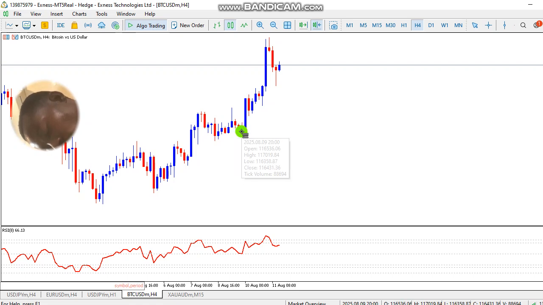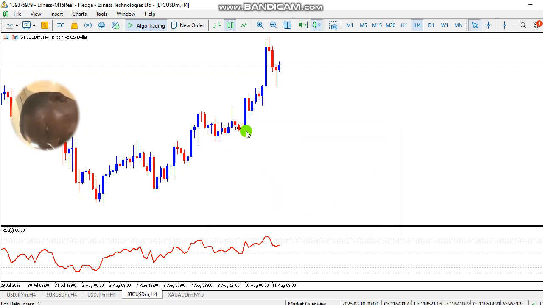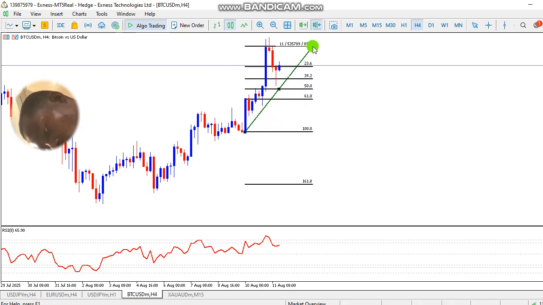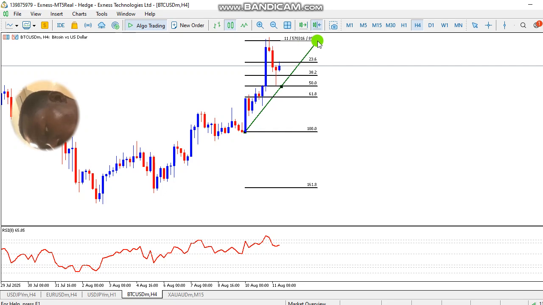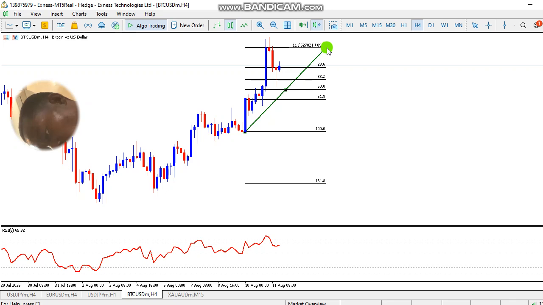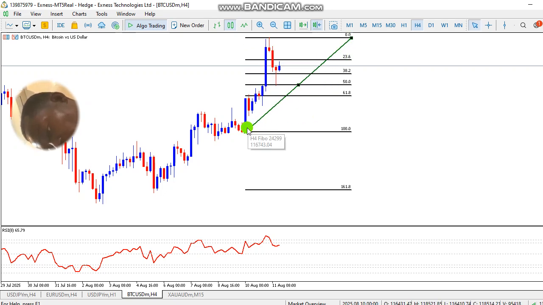Then you extend the line to the 0%. That is it. This is the Fibonacci.